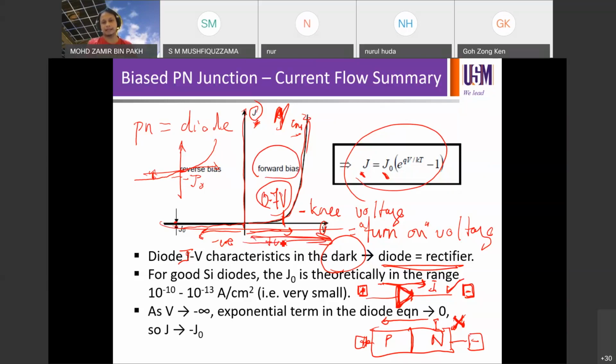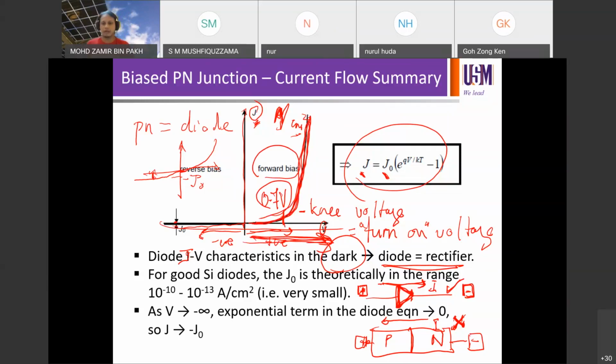We are forward biasing the junction, forward biasing the diode, so therefore we are on the right-hand side of the curve. If the voltage supplied exceeds 0.7, which is the turn-on voltage for the diode, you're going to have a current flowing exponentially like that in the diode.